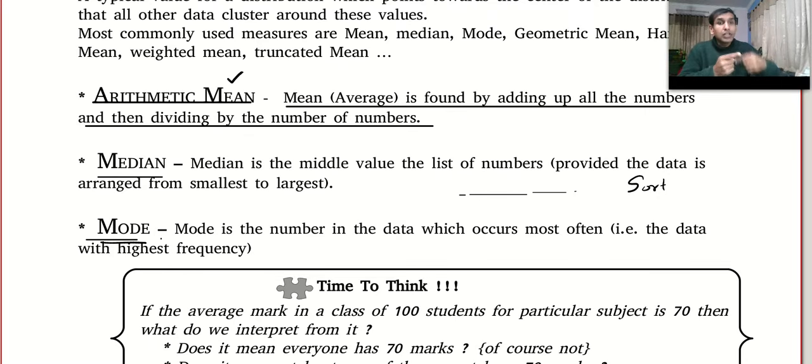What do you mean by mode? The most repeated value. By the way, in the garment industry, in the ready-made industry, mode is very important. If you think like a shopkeeper, you'll be able to understand why. What sort of commodities will a shopkeeper keep? Something which people ask very rarely or which people ask frequently?